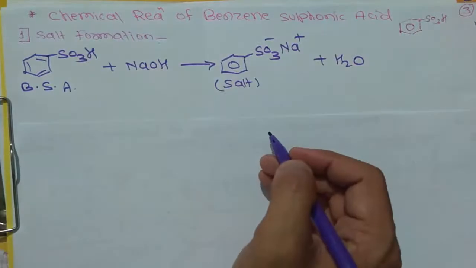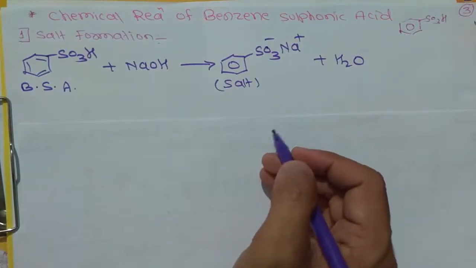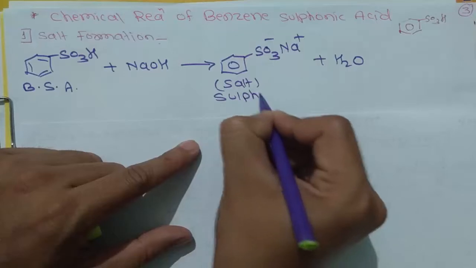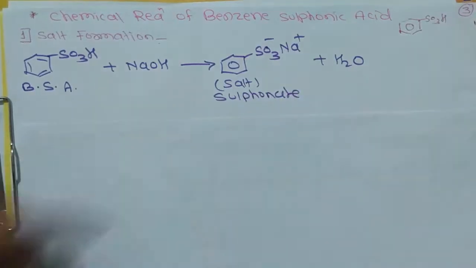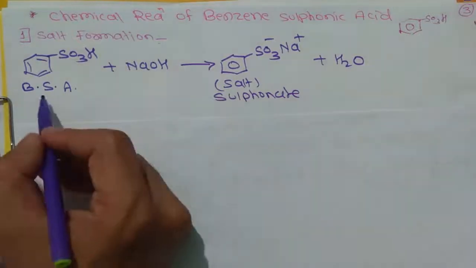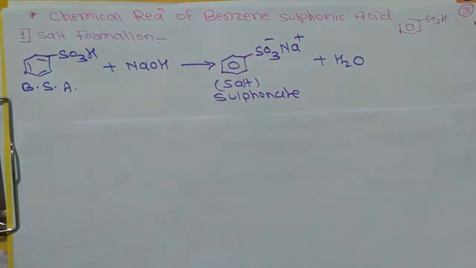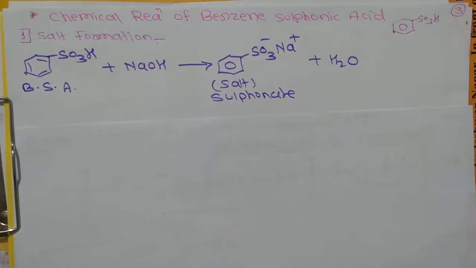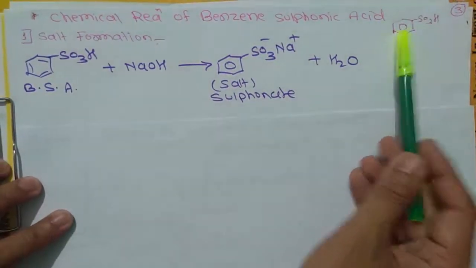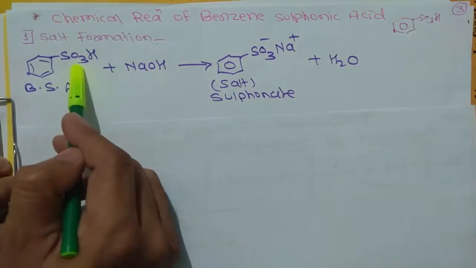What is the name of this salt compound? Sulfonate. It is called a sulfonate. Here we can see the chemical reactions of benzene sulfonic acid.